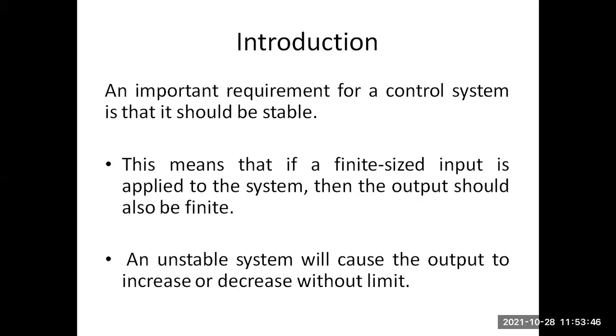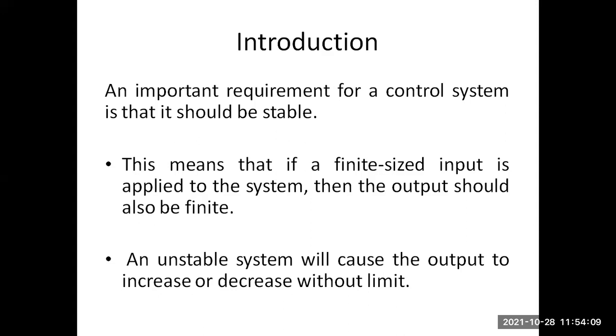Now, an unstable system will cause the output to increase or decrease without limit. That means the behavior of an unstable system is uncertain. We don't know what output we will get, either it will increase or it will decrease. So there is a change in the output.